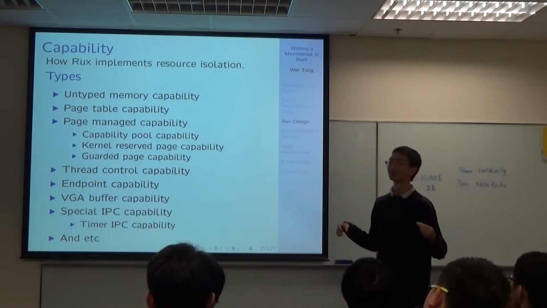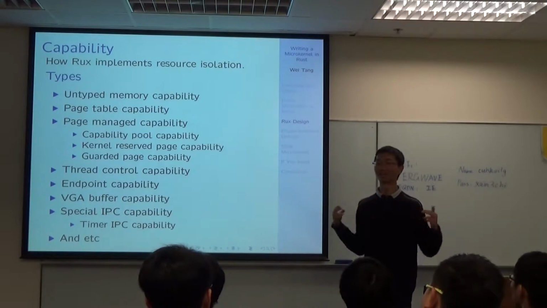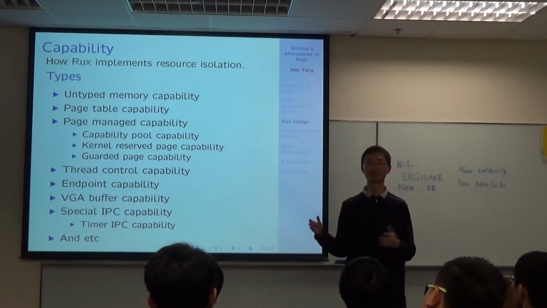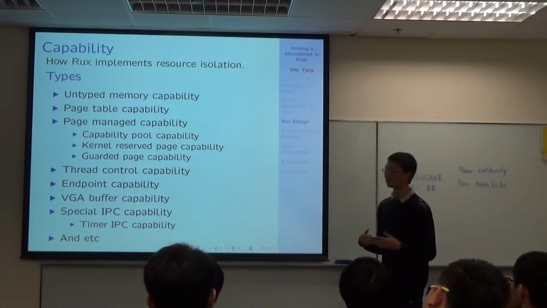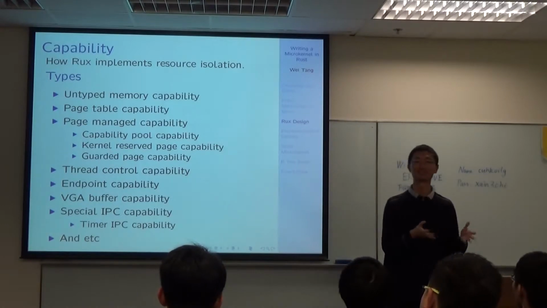That's basically if the kernel receives a timer interrupt, that is how preemption works in the kernel. So you receive a timer interrupt and you switch to a different thread.